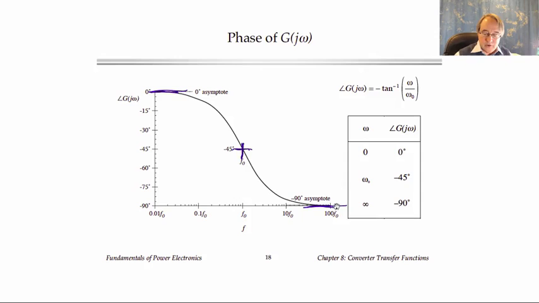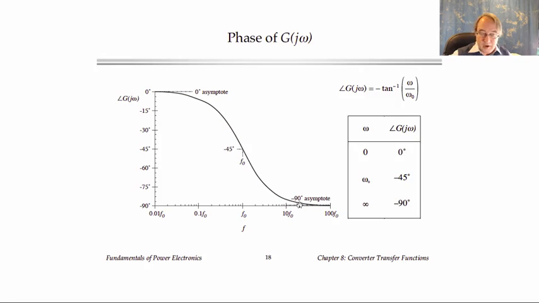So we have asymptotes for low frequency and high frequency, but unlike the magnitude case, the asymptotes don't intersect. And we need some kind of other asymptote to draw for mid-frequencies that tells us how the phase changes between the high and low frequency asymptotes.